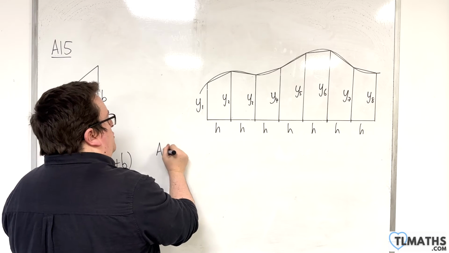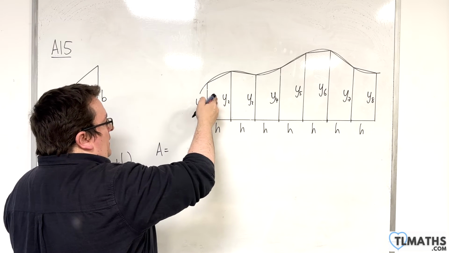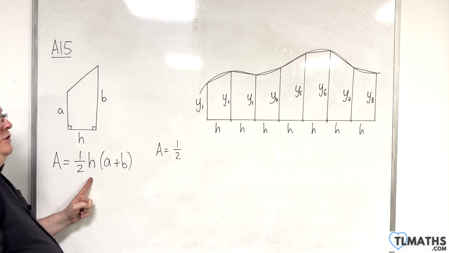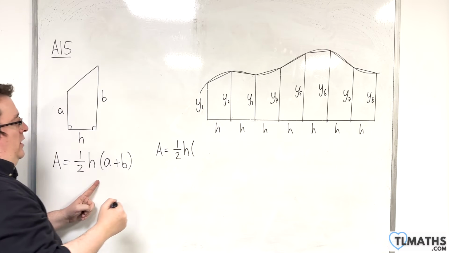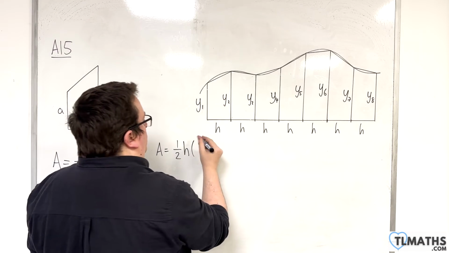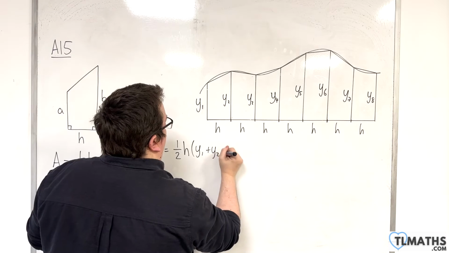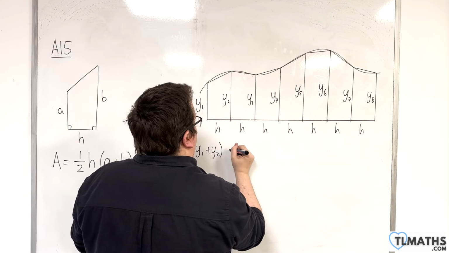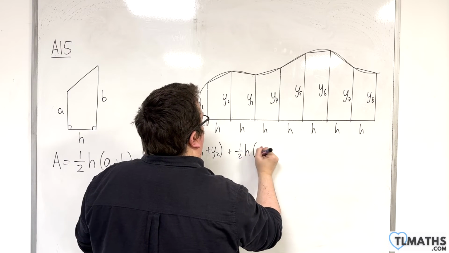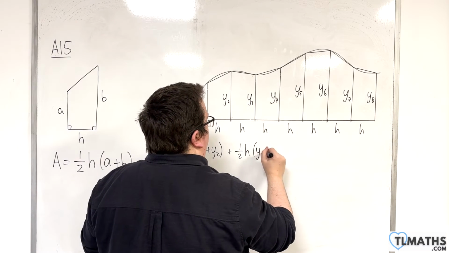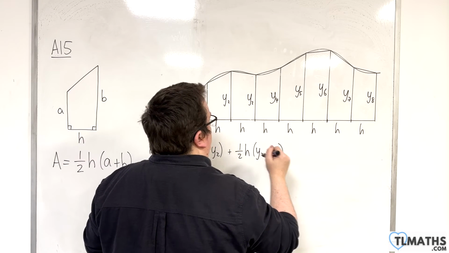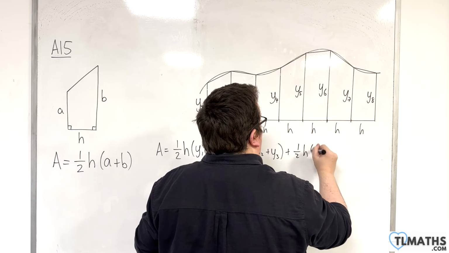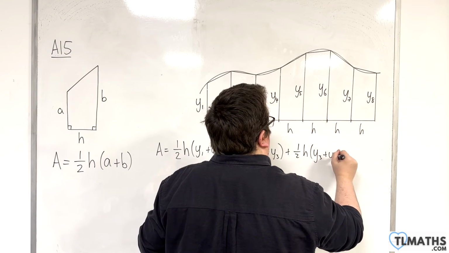So, the total area is equal to the first trapezium area, which is going to be 1/2. Now, remember what the formula was. So, it's 1/2 times h times by a plus b, so y1 plus y2. So, that's the first one. Then you've got the second one. So 1/2 times h times y2 plus y3. So that's the second one. Then we've got the third one, 1/2 times h, y3 plus y4.